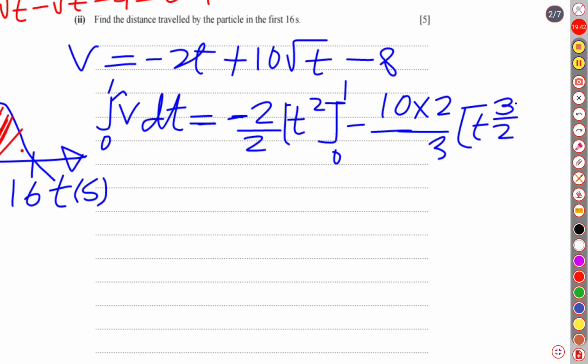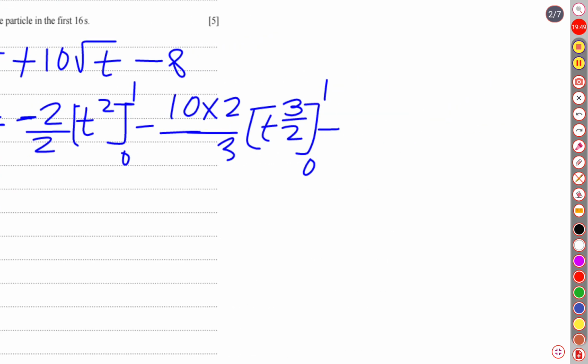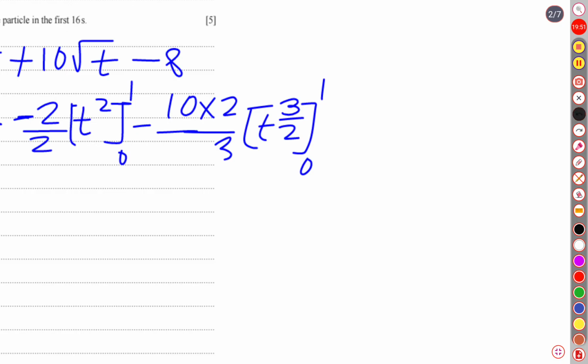If we divide 10 by 3 over 2, it is going to be 20 over 3. Then the power of t is 3 over 2, and the time span is 0 until 1, minus 8, and for the constant number, it is nothing but t, from 0 until 1 second.